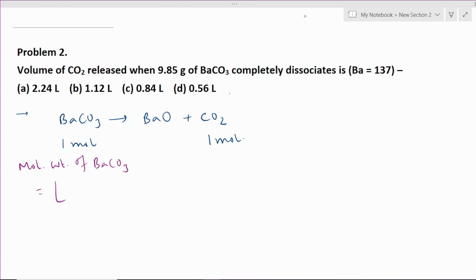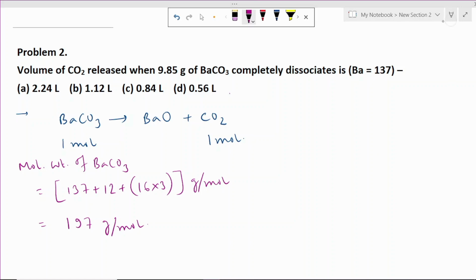So molecular weight of barium carbonate is 137 plus 12 plus 16 into 3 gram per mole. So it will be 197 gram per mole.